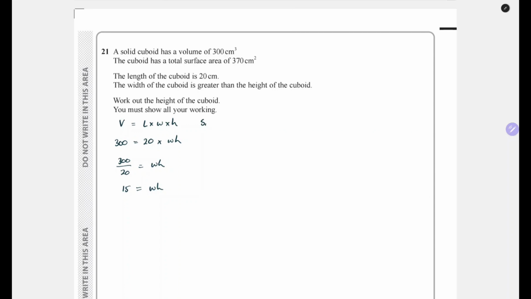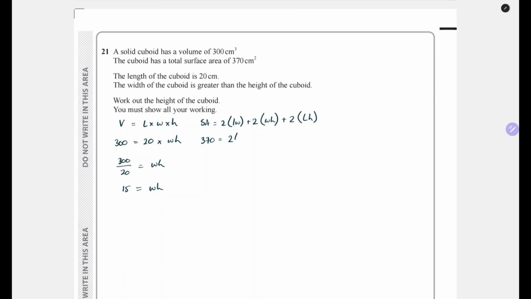We know that the surface area of a cuboid is just 2 multiplied by the length and width, plus 2 multiplied by the width multiplied by the height, plus 2 multiplied by the length and the height. They've told us that the total surface area is 370 centimeters squared, is equal to 2 brackets.